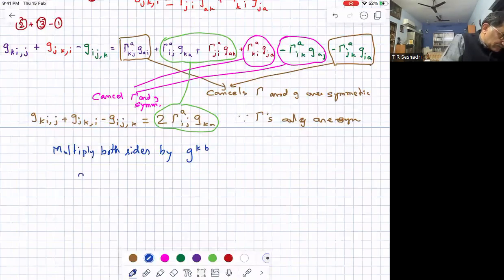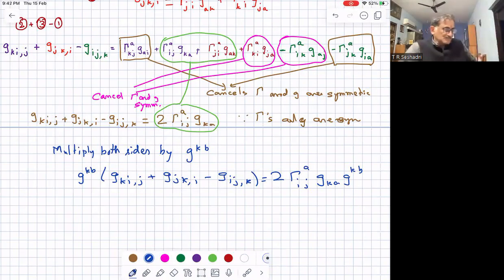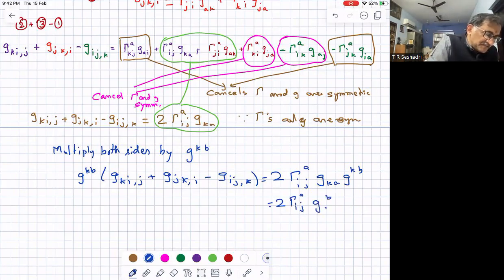And so I will have g^{kb}(g_{ki,j} + g_{jk,i} - g_{ij,k}) is equal to twice Gamma_{aij} g^{ka} g^{kb}. Right? And what is this equal to? Twice Gamma_{aij}, this is delta, basically g^{ba}, which is basically twice Gamma_{ij} delta function of b, a.